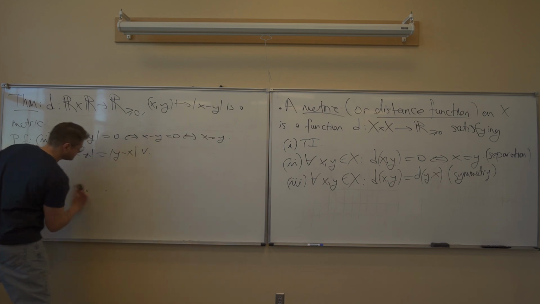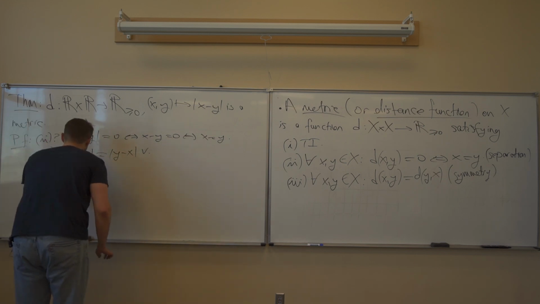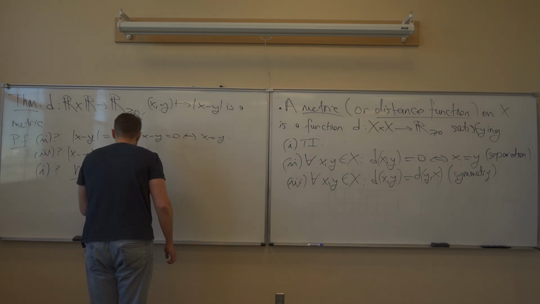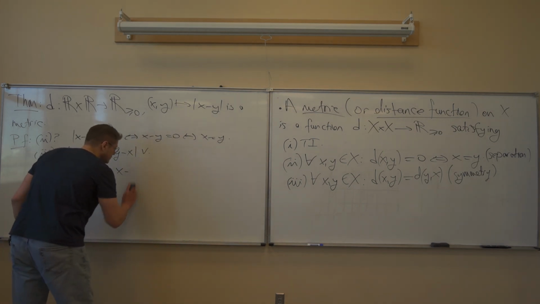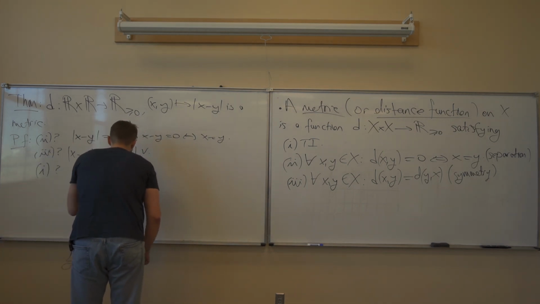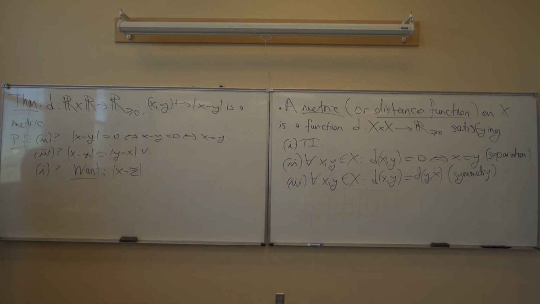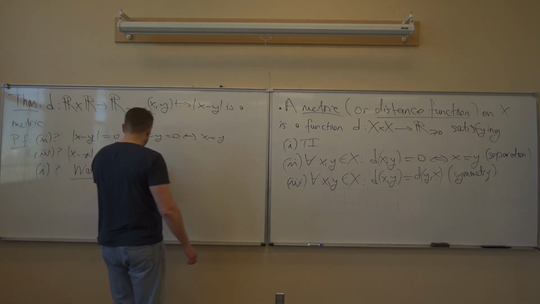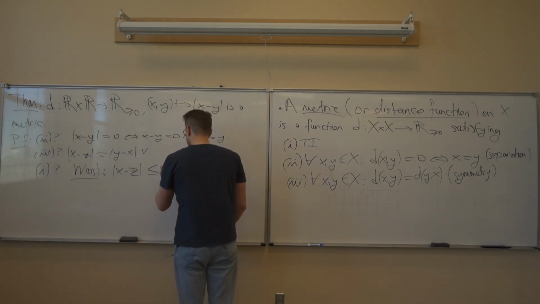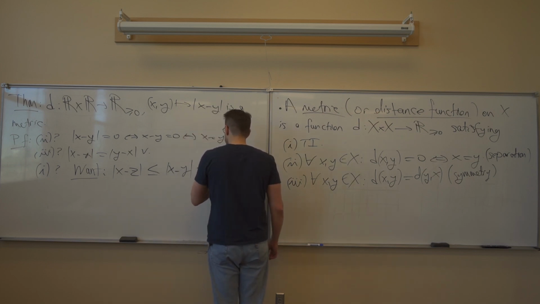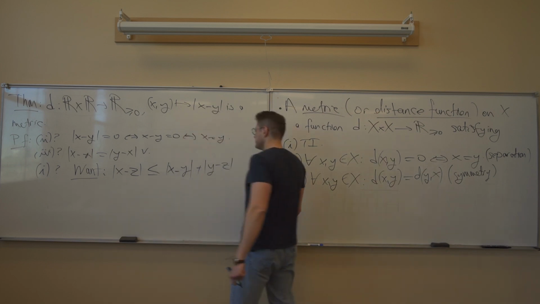What I want is this. I want the distance between x and z, which is this guy, to be bounded from above by the absolute value of x minus y plus the absolute value of y minus z.